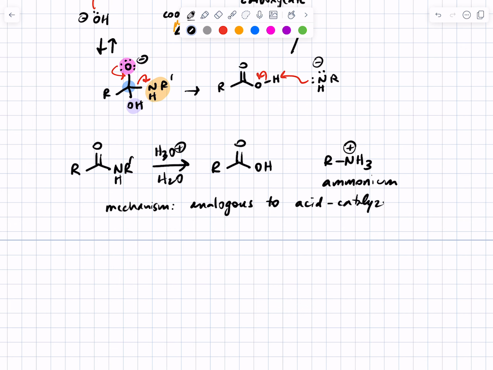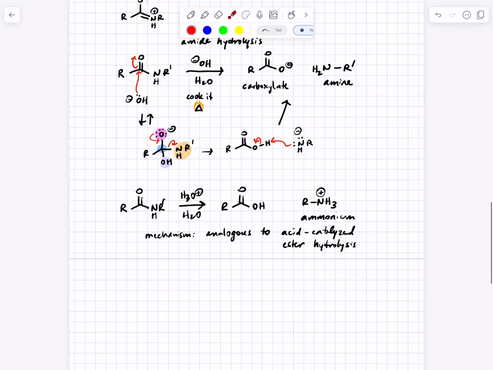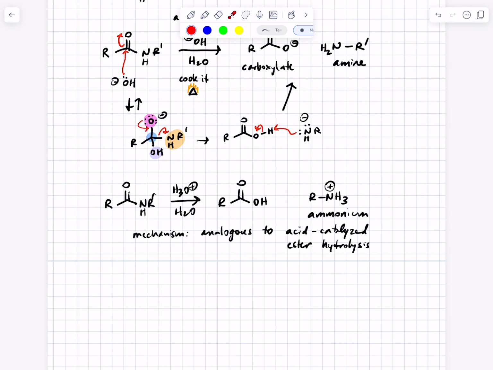In other words, you would first protonate the carbonyl oxygen, then have water attack, and you would use proton transfer to trade who was the good leaving group, and ultimately a neutral oxygen would kick off an amino group as the leaving group. Okay, amide hydrolysis under acidic or basic conditions. Again, not a fantastic reaction, but one that your text mentions, and so I thought we would talk about it.